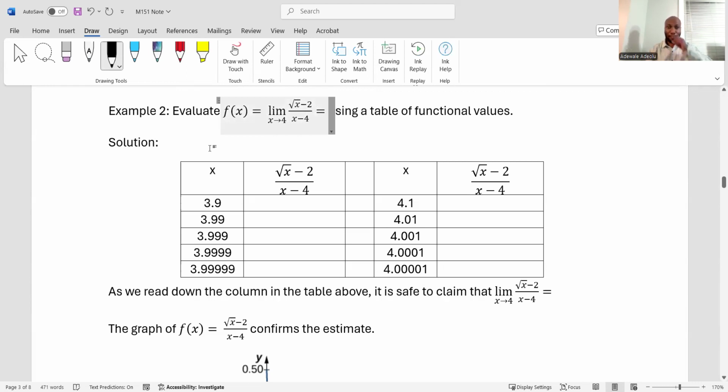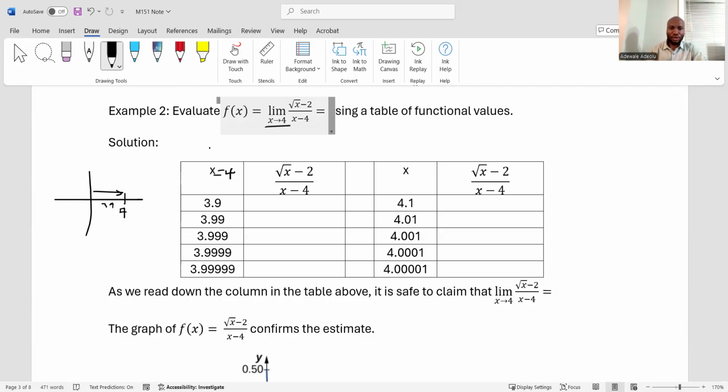Okay. Now, we are trying to get to 4. Our x is trying to approach 4. So x is 4, trying to get there. So again, just subtract 0.1. So we can have like this, 4. So on this side, we can have 3.9, 3.99, 3.999, trying to get to 4 from this side.